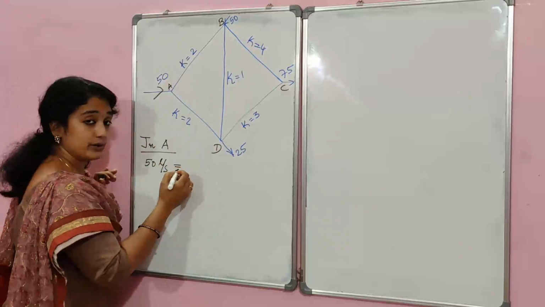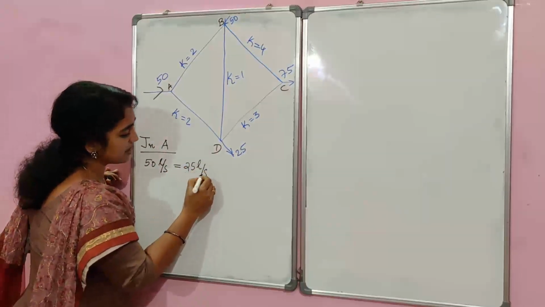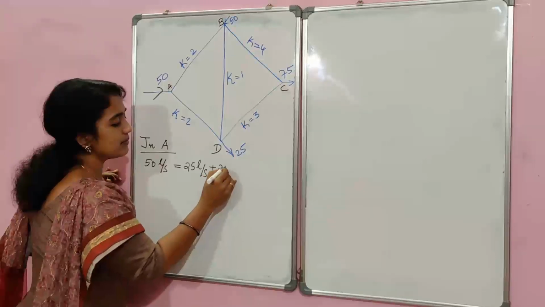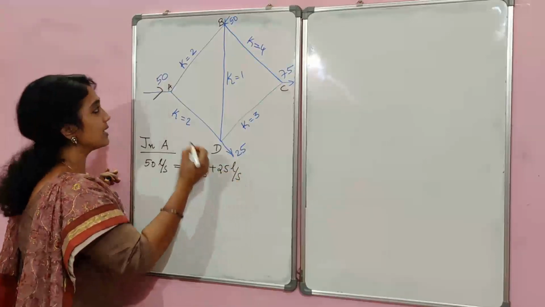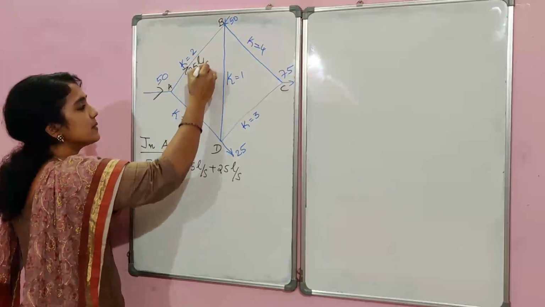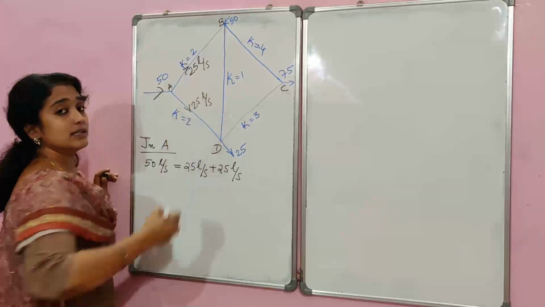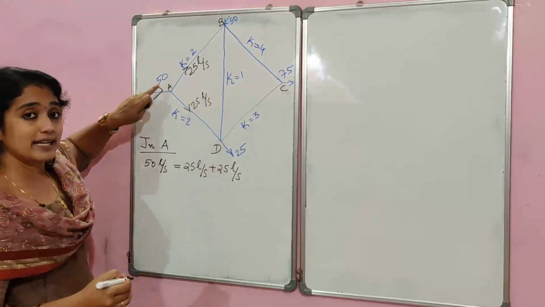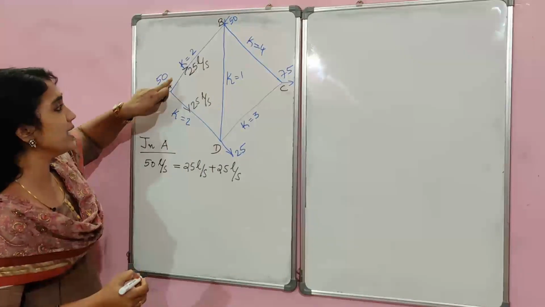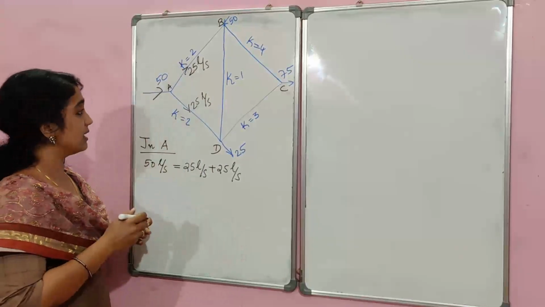I am going to divide it by 25 liters per second plus 25 liters per second. That is, the flow entering a junction should be equal to the flow leaving from that junction.